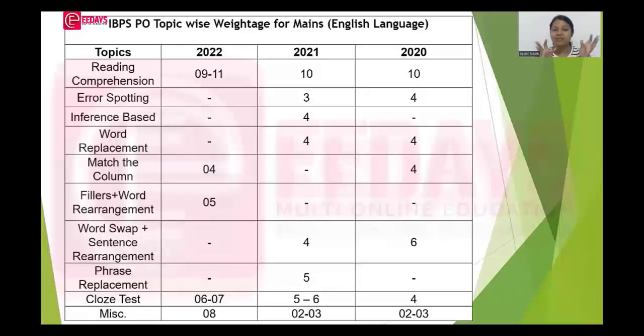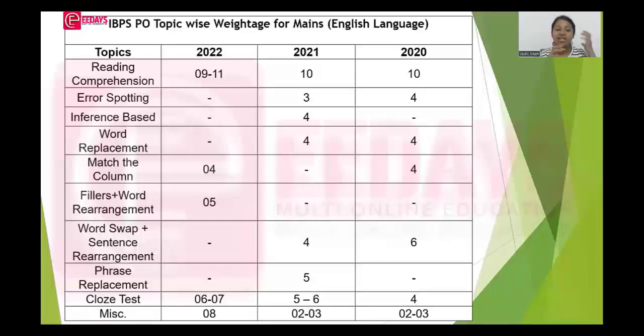It is very unbelievable, because aspirants wouldn't have expected that in miscellaneous they would get 8 questions. That's because if you look at 2020 and 2021, there was an average of 2 to 3 questions. So when it comes to the aspirants' mindset, you can't predict anything. Each and every topic is equally important.